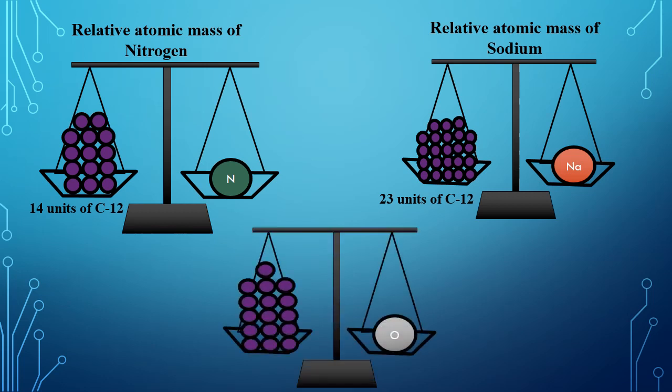Similarly, the mass of a single oxygen atom is equal to 16 units of carbon, so it is the relative atomic mass of oxygen because it is compared with the standard unit of carbon atom. Therefore, masses of these atoms are called relative atomic masses.